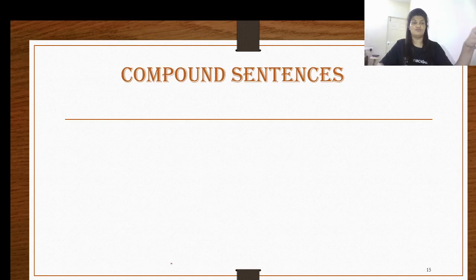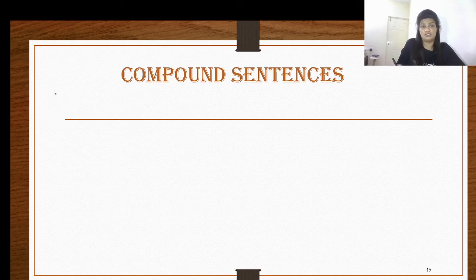Now let us move on to compound sentences. What are compound sentences? Let me write them for you. And while I'm writing these sentences, I want you to think about the conjunctions that we use when we are using compound sentences.